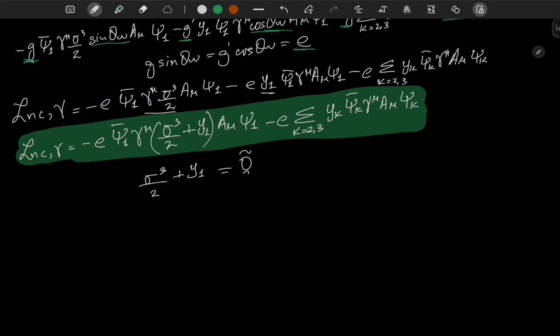Okay, so psi 1 is a doublet for both quarks and leptons.